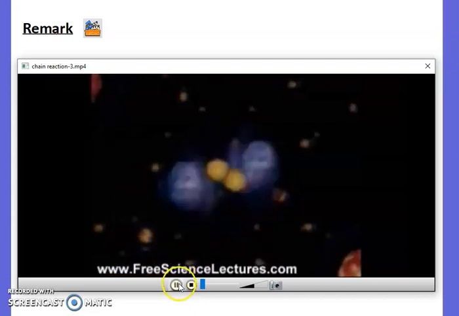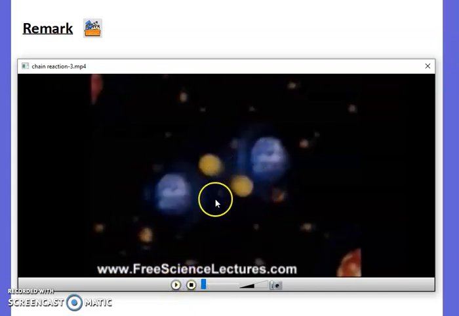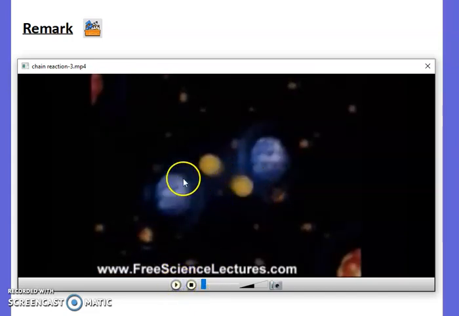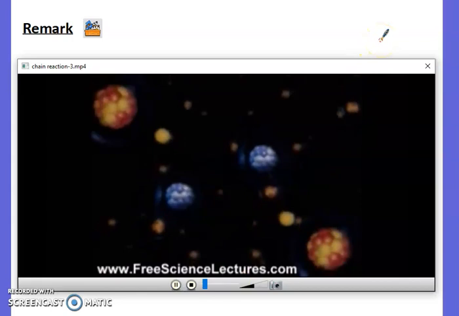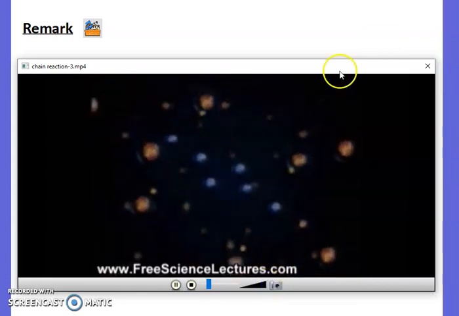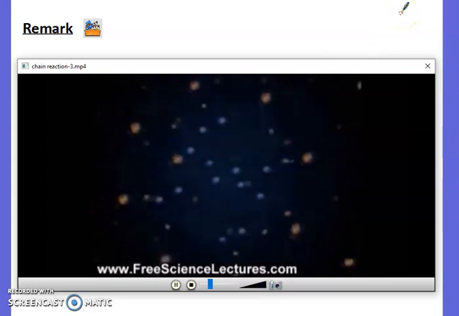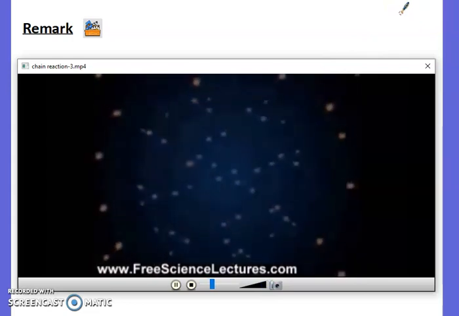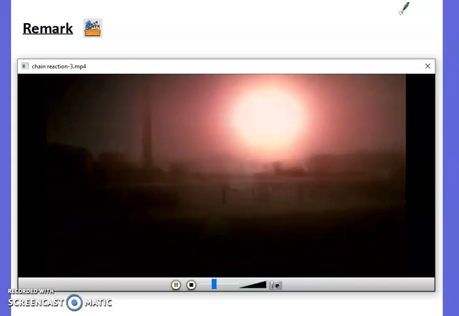Here, look, you have uranium nucleus that splits under the impact of 1 neutron into 2 lighter nuclei with liberation of 2 neutrons. Look what happens. You see multiplication of fission reaction. That's the atomic bomb.